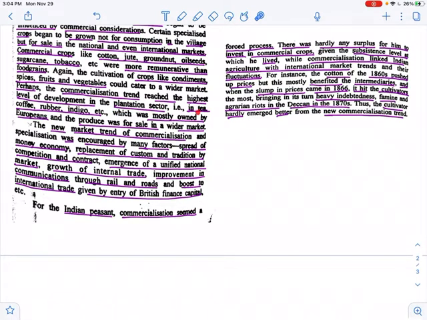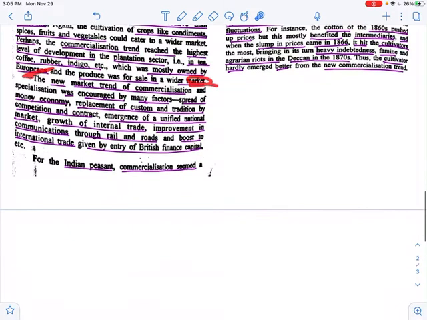We have crops like tea, coffee, rubber, indigo, and all. It is important that we remember the plantation sector was completely owned by the Europeans. So this sector was under the control of Europeans, and whatever we were able to produce was sold by the Europeans in the national and the international markets.